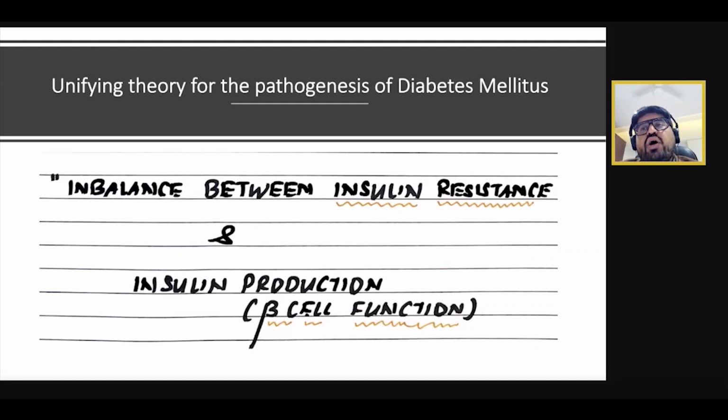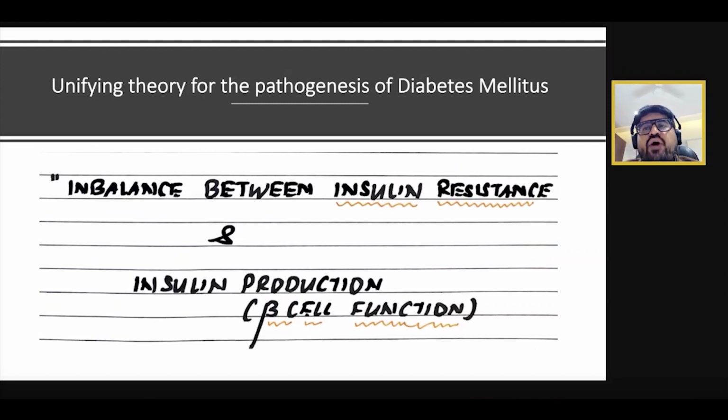And if the body is not able to produce insulin in adequate quantity, that is beta cell dysfunction, then again you have hyperglycemia. And if the body is able to form insulin, but the insulin is not able to act as well as it should, that is what is known as insulin resistance. Again, you have hyperglycemia.